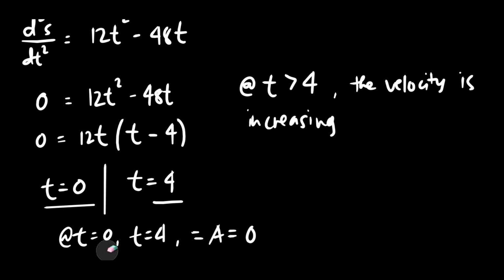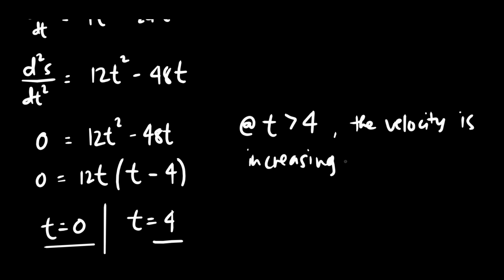So we need to put t greater than 4 to find where the velocity is increasing.